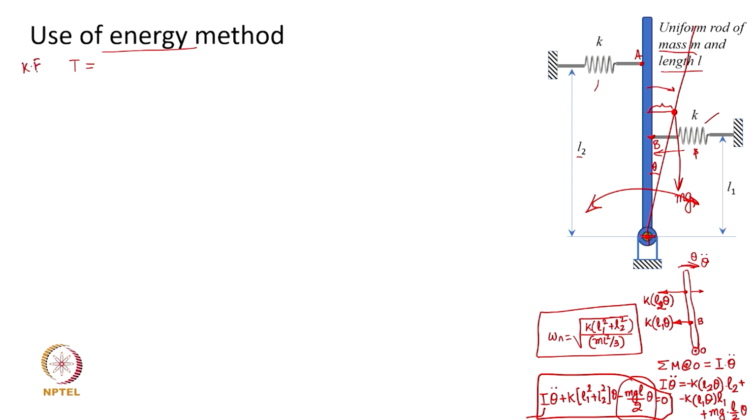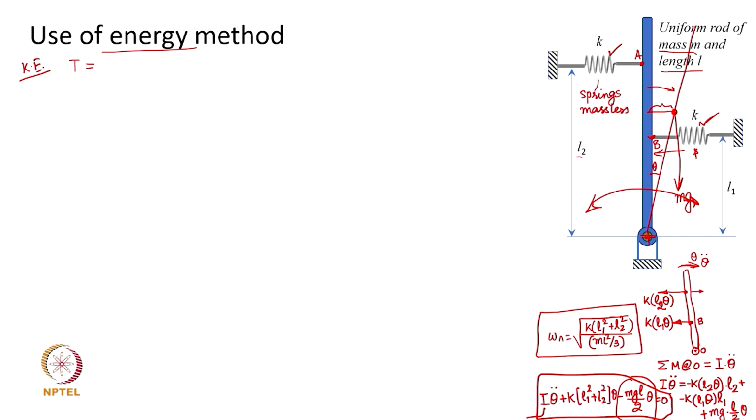The kinetic energy of various elements in the vibratory system, obviously the springs are assumed massless. So, the first assumption here is that the springs, both this one and this one, are massless. You can include the mass of the springs, and then of course the expression will change, but we will take another example later to bring in the mass of the springs into the governing equation.